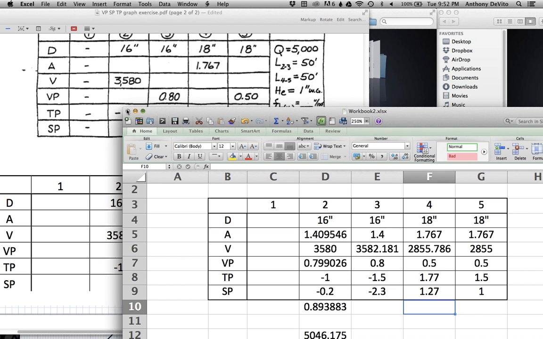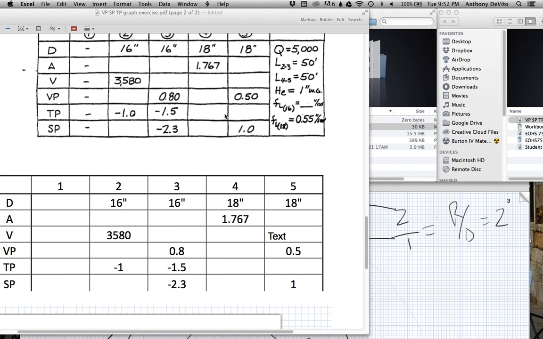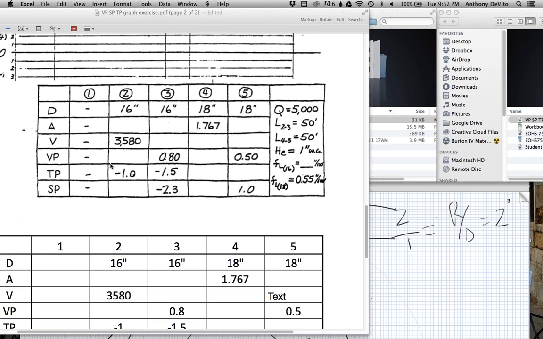If you just are calm and make reasonable work through the various things that you know. For instance, the velocity pressure is 0.8 inches in the 16-inch ductwork on the suction side of the fan. Well, at 0.2, it's got to be 0.8 inches also because the duct diameter didn't change, so the velocity didn't change.